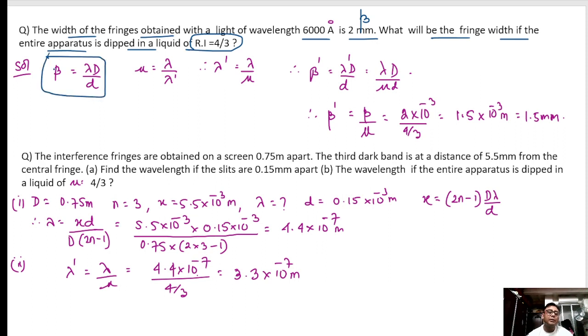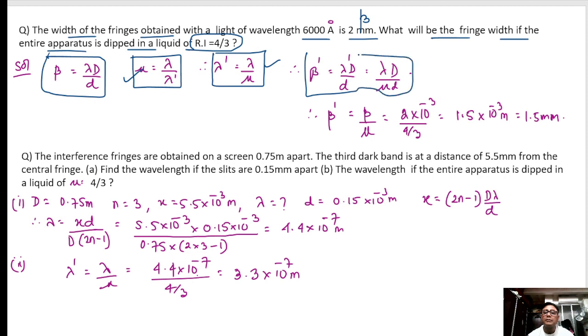Now when the apparatus is dipped in a liquid of this refractive index, we know that wavelength is inversely proportional to the refractive index. So what will the wavelength then become? This. And what will the fringe width then become?